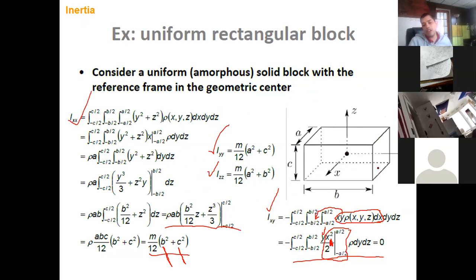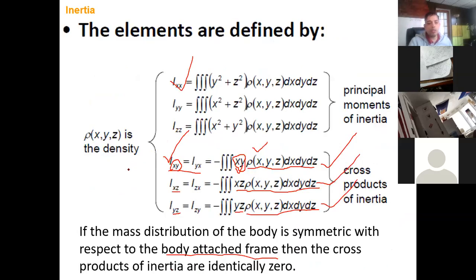This is because this is right in the center. That's why all those cross terms will be 0. So you don't have to even do this calculation, because you know this is symmetric. You can use this argument and say that it is 0.